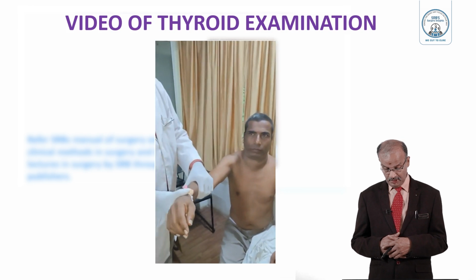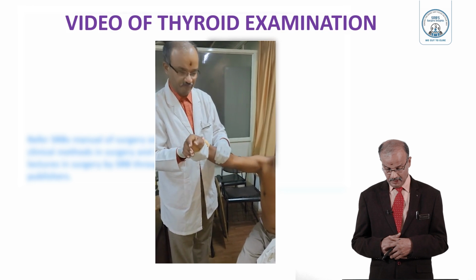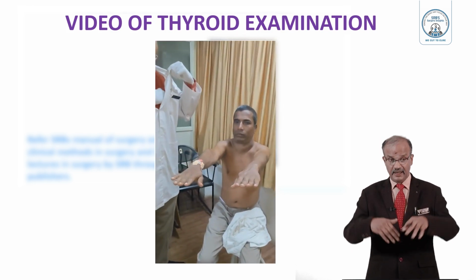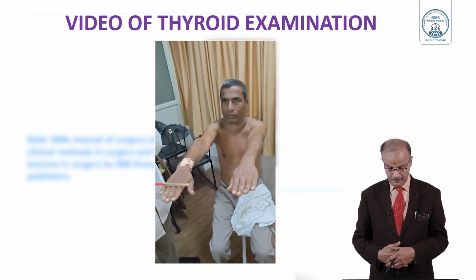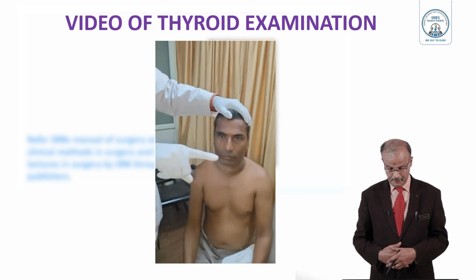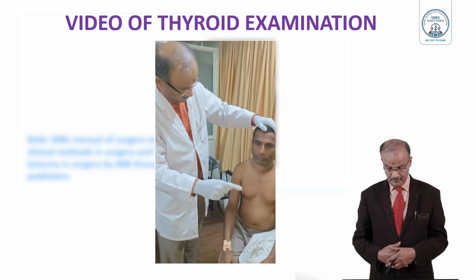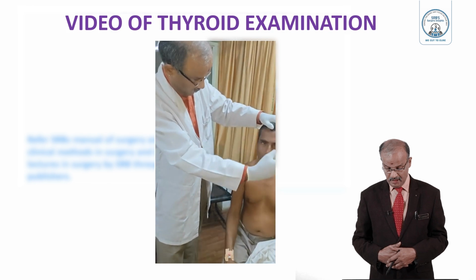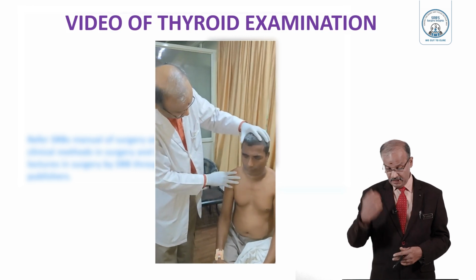Pulse and collapsing pulse. Hand tremor like this, hands extended. Von Graefe's sign, Moebius sign, or movement of the eyeball, ophthalmoplegia to check, important, like this.